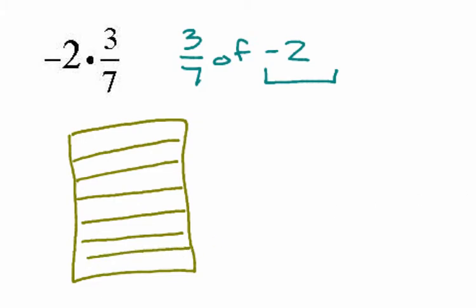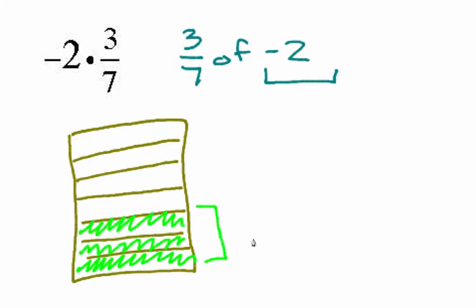So if I had 3/7 of that, I would have 1, 2, 3. This is the original 3/7. Well, I want 2 of those, so I want a second set. I want another 3/7. So here's 1, 2, 3 more.